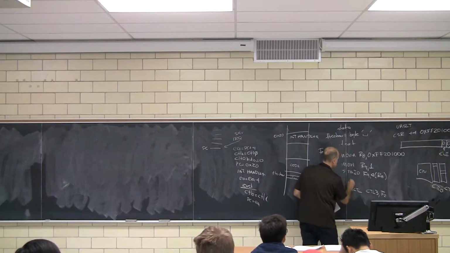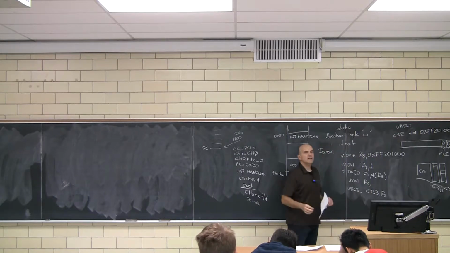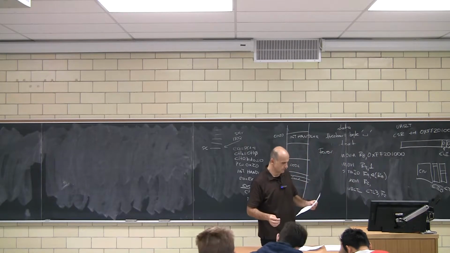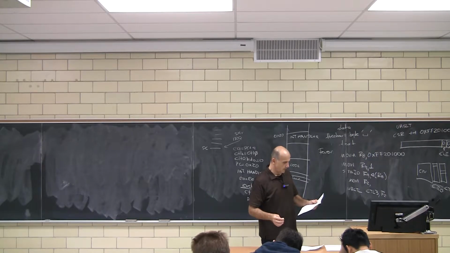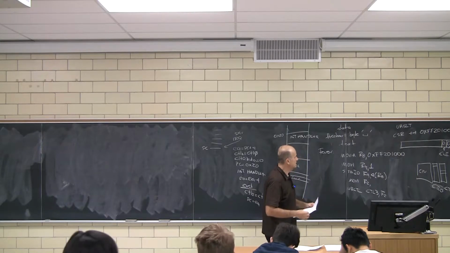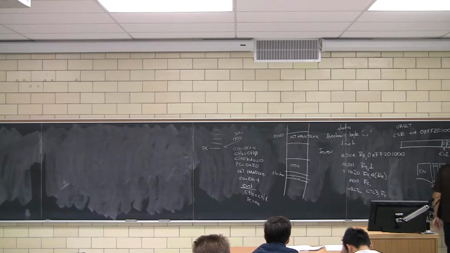Okay. So over here, we have to put a movi, R2, and enable interrupts on line 8. So if this is line 8, we have 1, 2, 3, 4, 1, 2, 3, 4, 8.